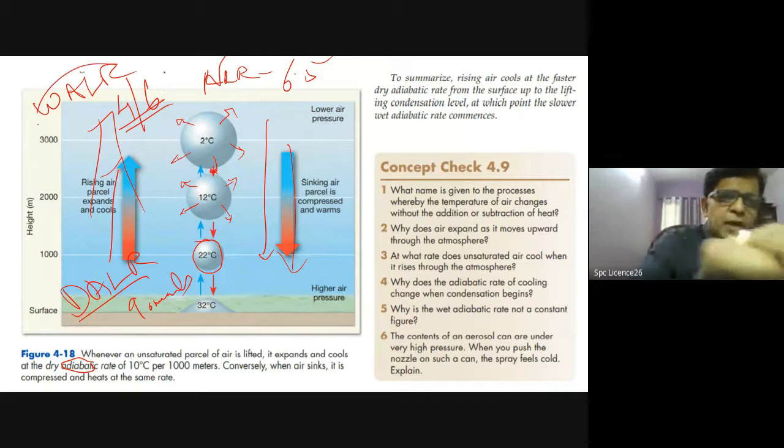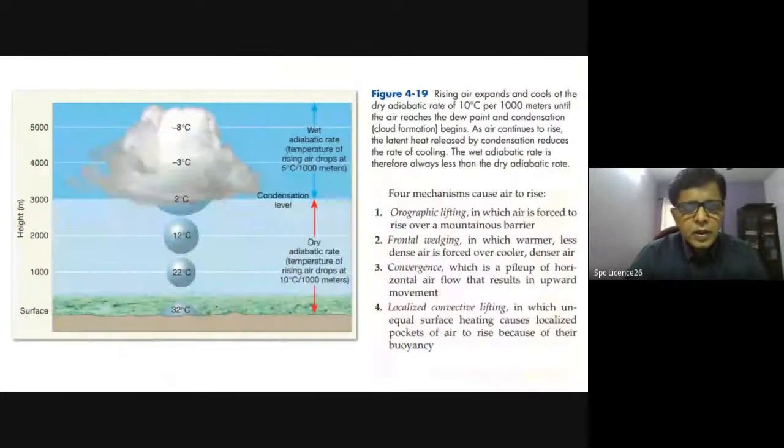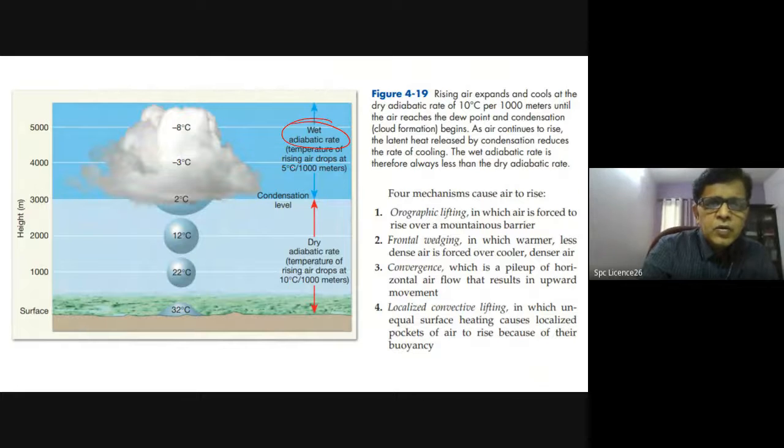Wet adiabatic lapse rate applies to air near saturation, and dry applies to air which is not saturated. So the wet adiabatic lapse rate is around 5 degrees, the dry adiabatic lapse rate around 10 degrees. What we have to take into consideration is this rate is applicable to this only.